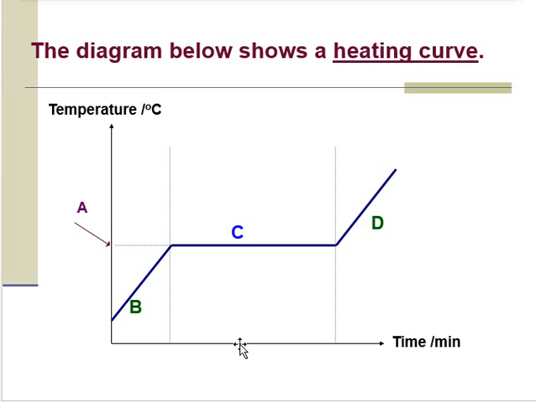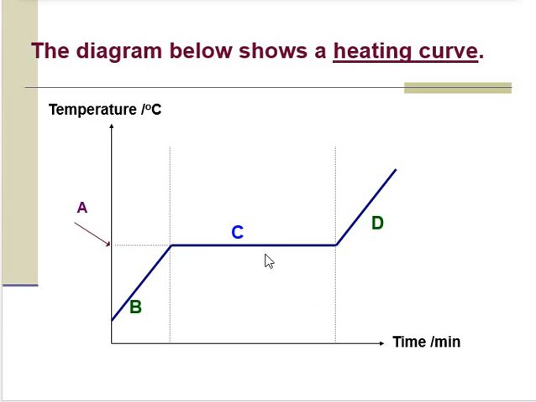Now, if I have the experimental setup like what I've just described, and every few seconds I take the temperature that I see on the thermometer and draw a graph after that, I will be able to get a graph with a shape like what you are seeing on the screen now.